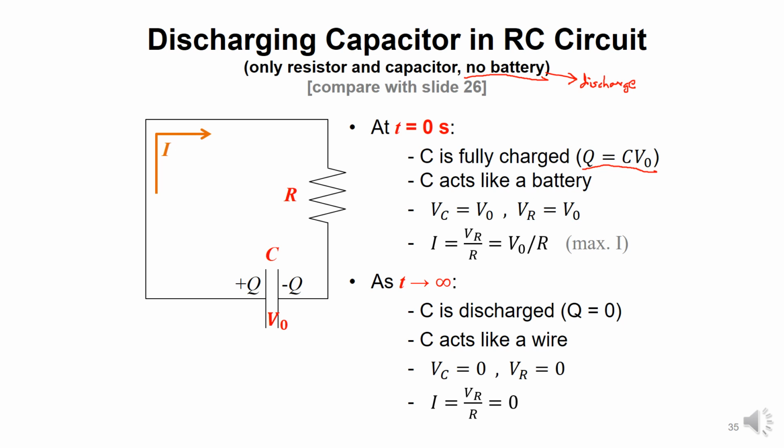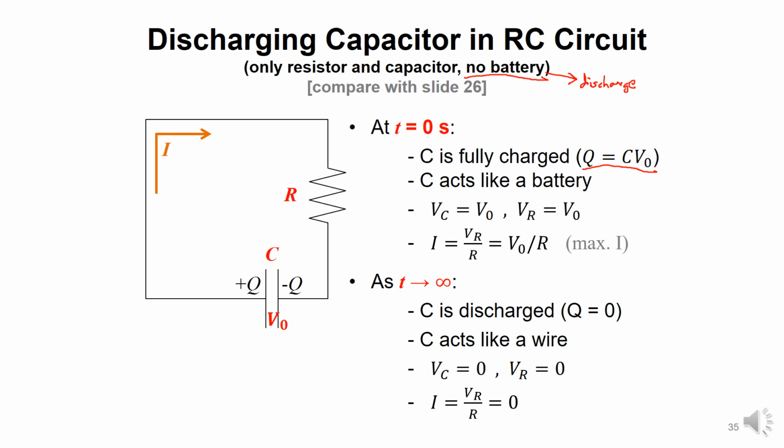Okay, fine. Let's look at a time of infinity. So we have allowed the capacitor to drive a current for long enough, for an infinite amount of time. So the capacitor becomes discharged. Okay. So we have all the charges traveling from one end of the capacitor to the other end. So now there is no net charge. There is no charge separation. The capacitor is neutral. So if the capacitor is discharged, it acts like a wire, not like a battery anymore.